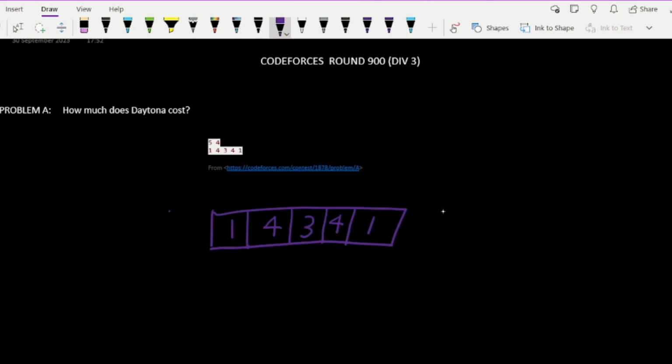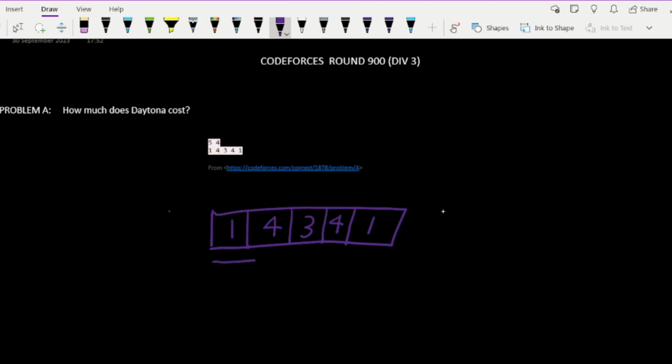So this is the array. We need to find if there exists a subarray in this array such that the number of occurrences of 4 in that subarray is more than that of any other element in that subarray. I can show you that there exist many such subarrays which contain the element 4.